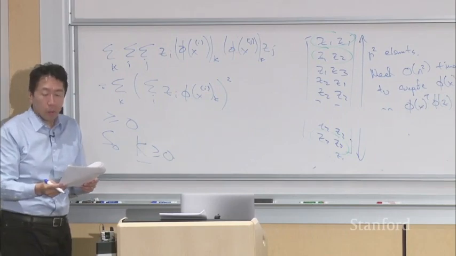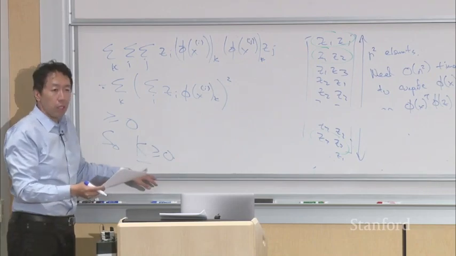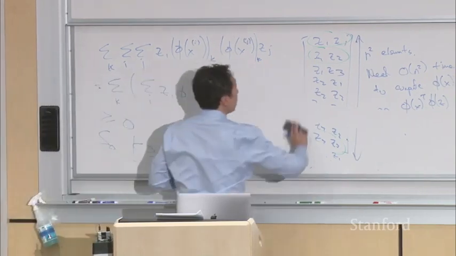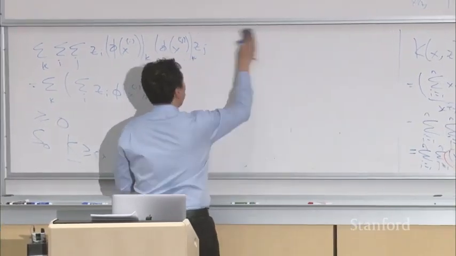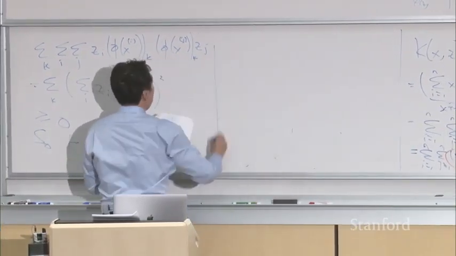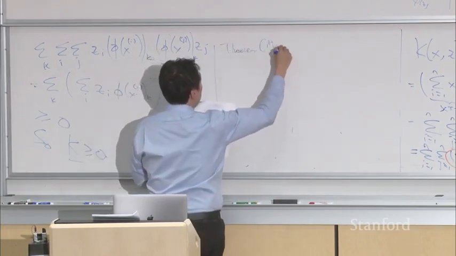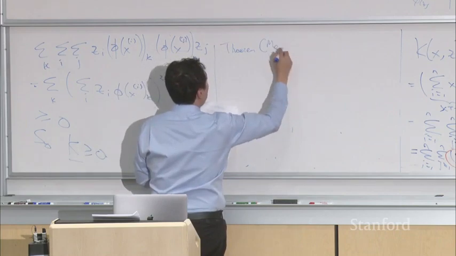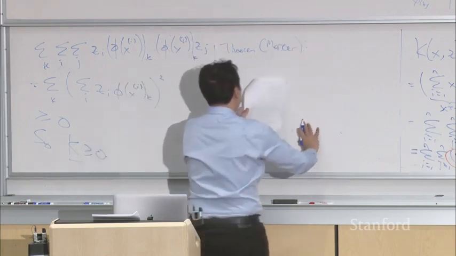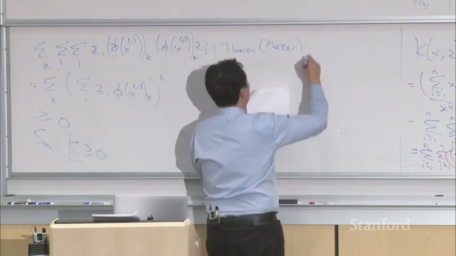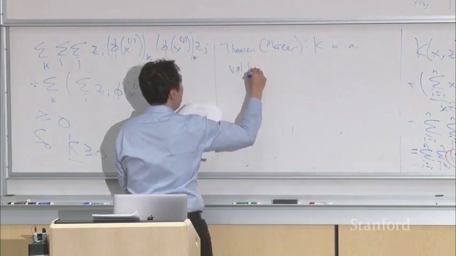And so more generally, it turns out that this is also a sufficient condition for a function K to be a valid kernel function. So let me just write this out. This is called Mercer's theorem, M-E-R-C-E-R.